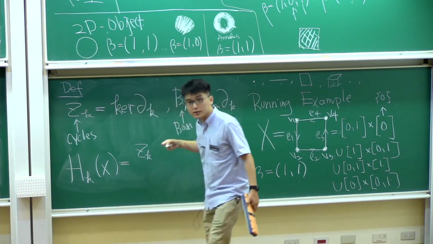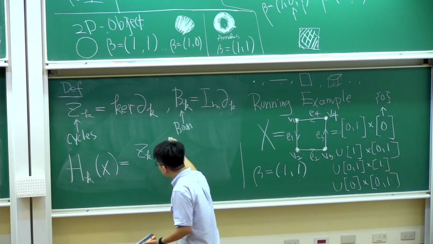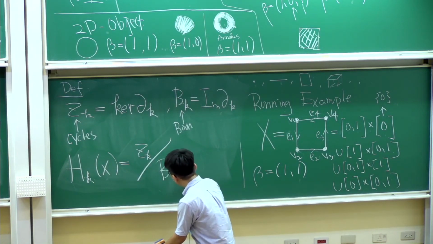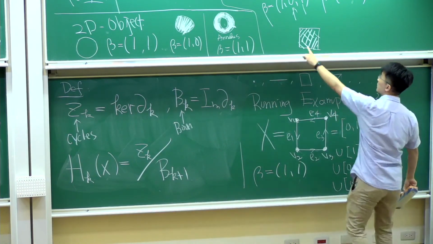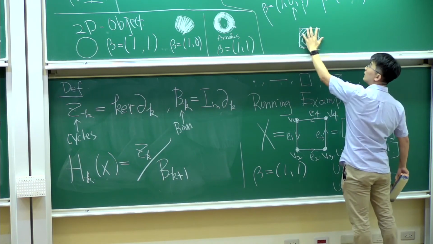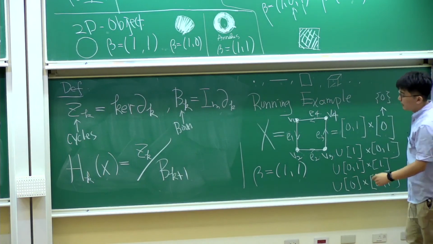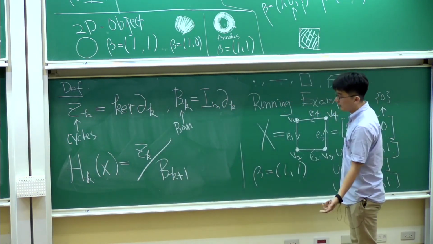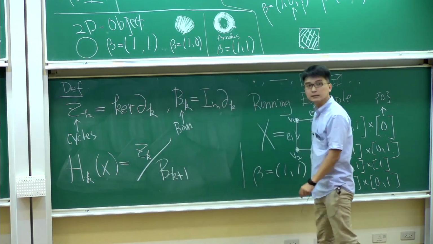We are interested in the cycles, but we are only interested in the cycles which are not someone else's boundary. This is a cycle, but it happens to be a boundary of one layer up. This is the faces, the two-dimensional object. Therefore, the cycles modulo the boundaries is the homology group.